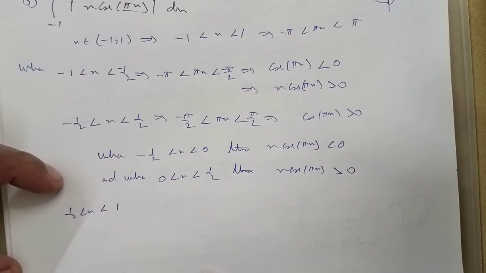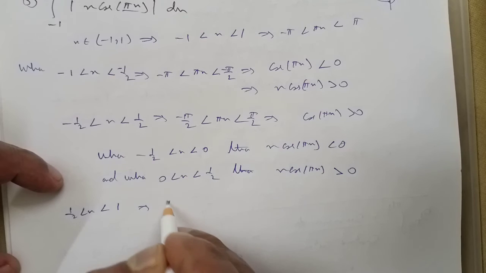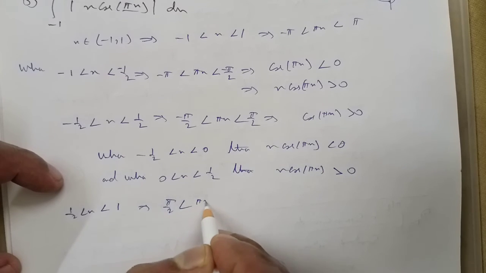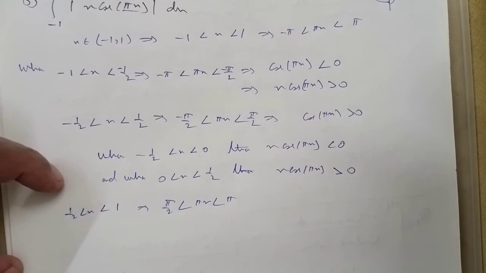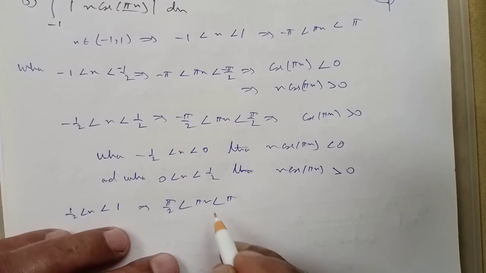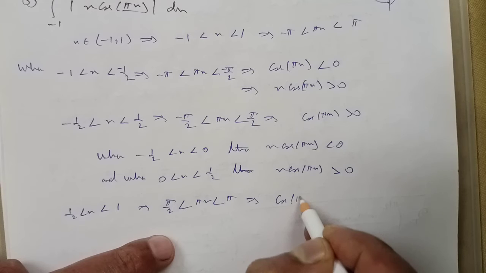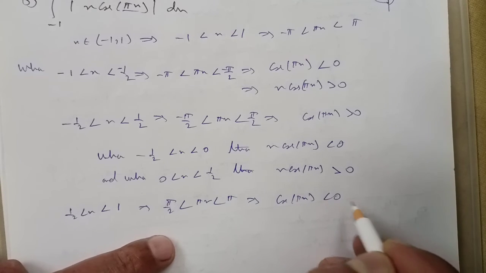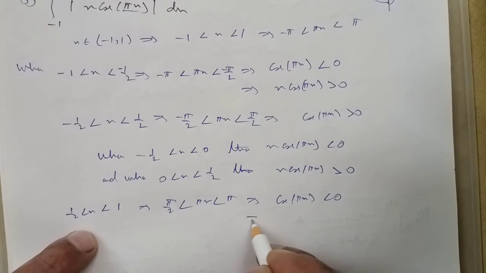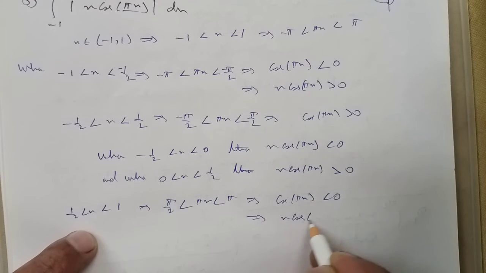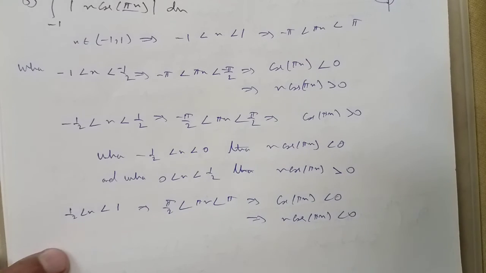x is more than half, less than 1, that is pi x is more than pi by 2, less than pi. In this portion cos of pi x is less than 0, but x is positive, that implies x cos of pi x is less than 0.